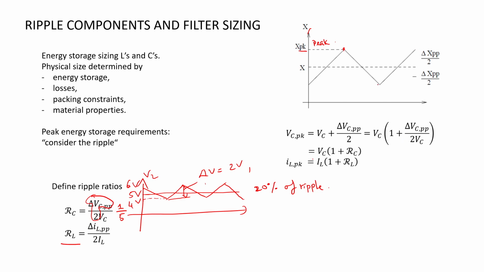Delta H means you measure from here to here, so from here to here is just delta H over 2. The term PP means peak to peak. The lowest peak maybe does not sound correct, but anyway, just call it peak to peak.